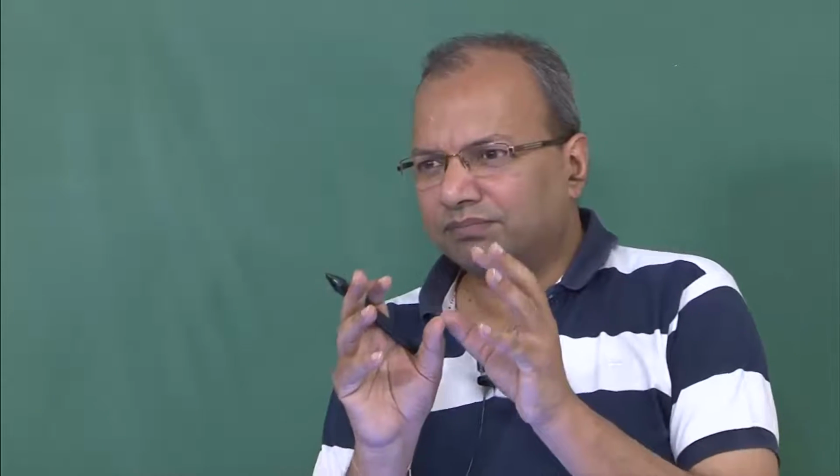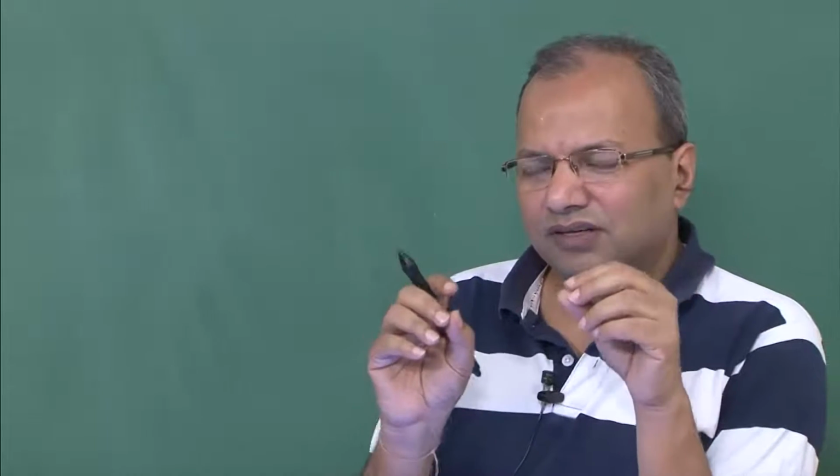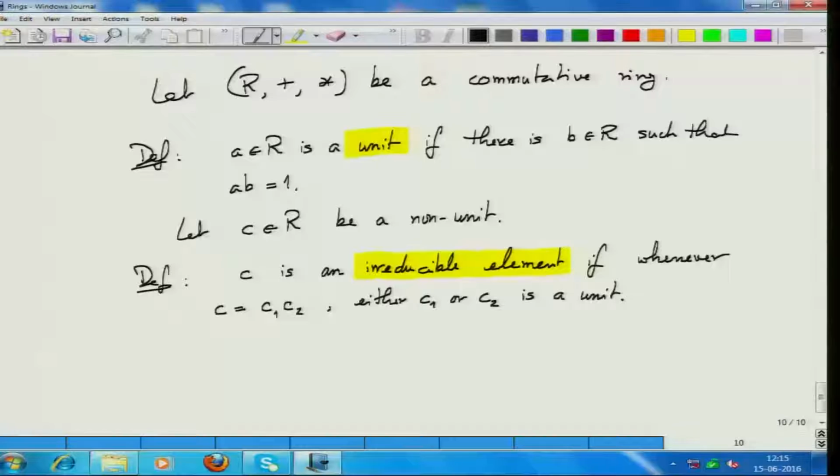So I want to keep the name prime reserved for such structure. In a ring, in general, that structure may not exist, that unique factorization we have seen. So instead of calling such an element C in this definition a prime element, we will call it an irreducible element. And once we have unique factorization, whatever irreducible elements give rise to unique factorization, we will call them primes.